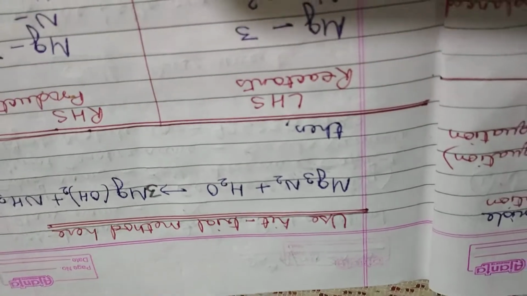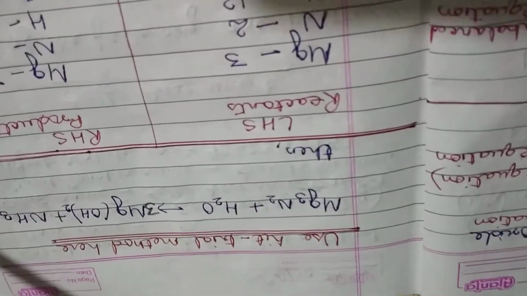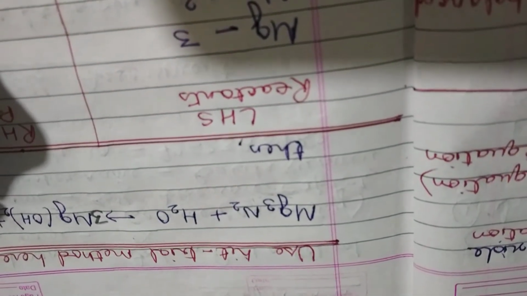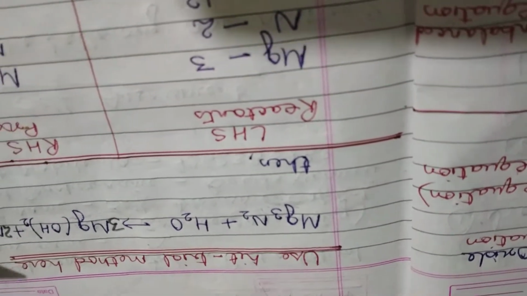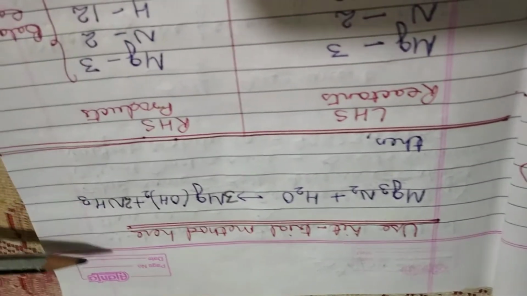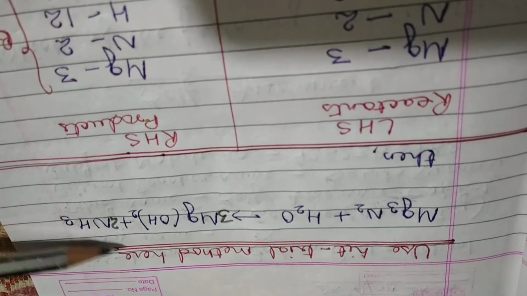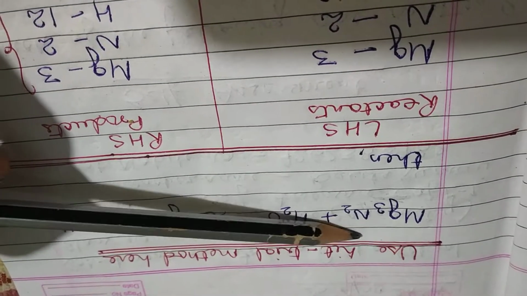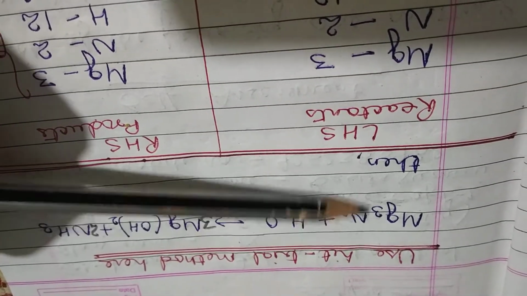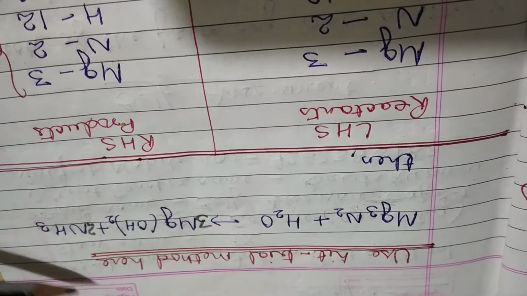Then what will we do here, we will put the 2 here. Now students, we will put the 2 here. Then nitrogen is also balanced here. On the right hand side nitrogen has 2 atoms, and on the left hand side also nitrogen has 2. The number of atoms on both sides is equal.